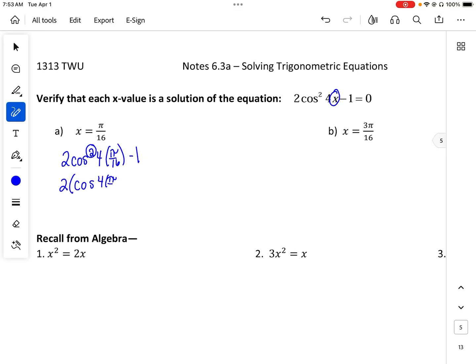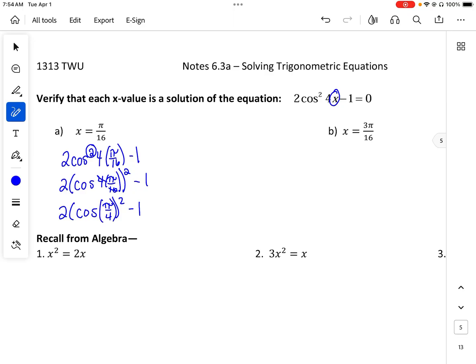So it should really be like this, squared. There we go. All right, so we simplify what's inside the parentheses. So that'd be 2 cosine of pi over 4, and then squared, minus 1.